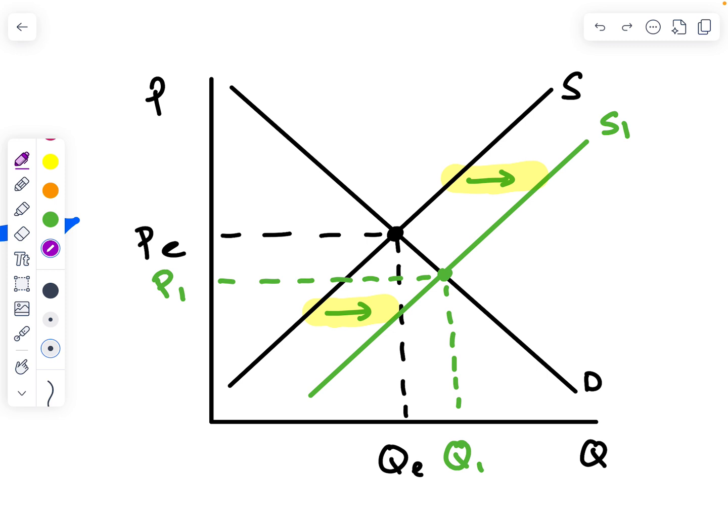Some students will be drawing the arrows like this because in relation to the original supply line, this new supply line is below the original one, right? So isn't it obvious that you would draw your arrows the way that I just did them? Yeah, it is.